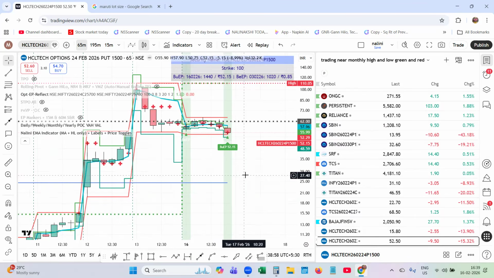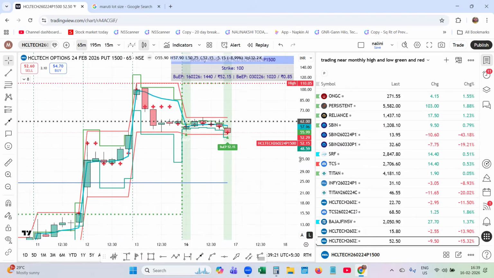It is an opportunity, and brokers will also allow you to trade this option, because next week is 24. Till this week end, we can trade, I believe. It is 16 and 17. You can keep it in your watch list.